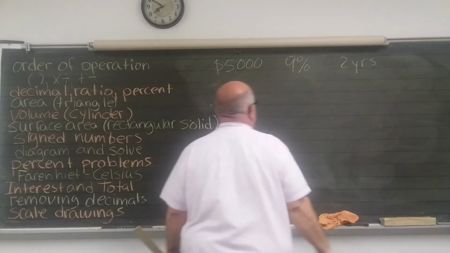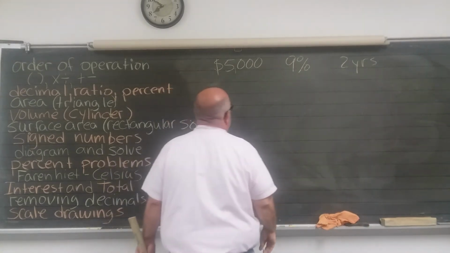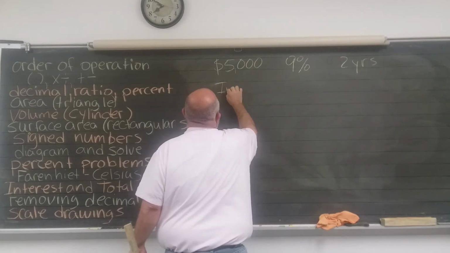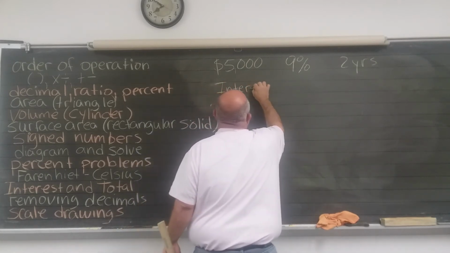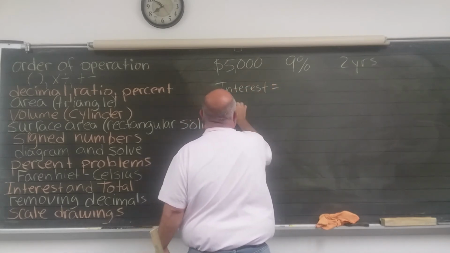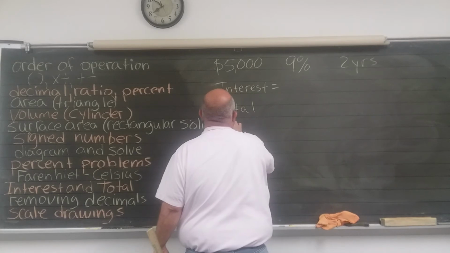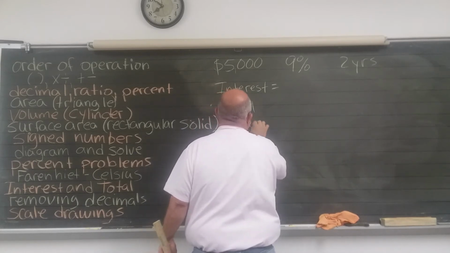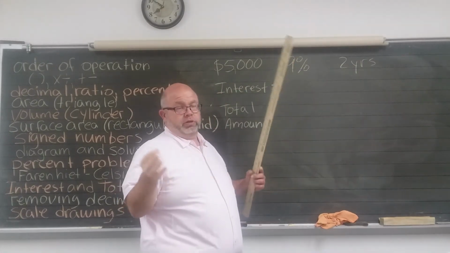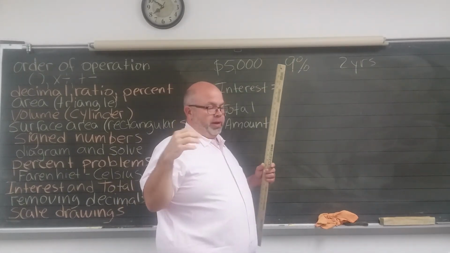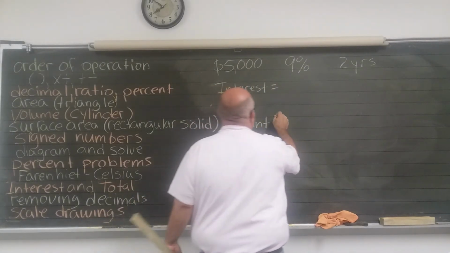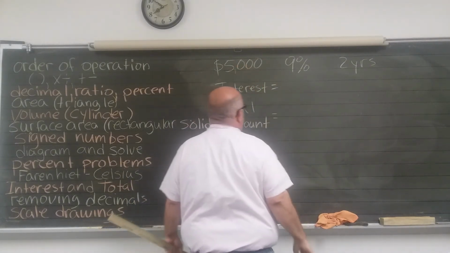Please pay attention to this: I need to know how much interest you're paying, and I need to know the total amount borrowed. So what's the total amount of your loan? How much are you going to pay back total? Which is simply principal plus interest.